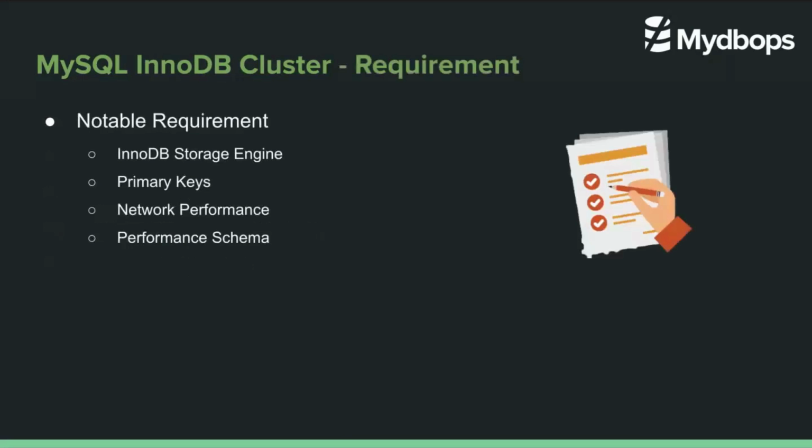There are requirements, but I have listed only the important, notable requirements over here. All the engines should be InnoDB engines, not any other engines. We need to have only InnoDB engines on the server, and all the tables should have a primary key, which is mandatory in group replication on all the tables.